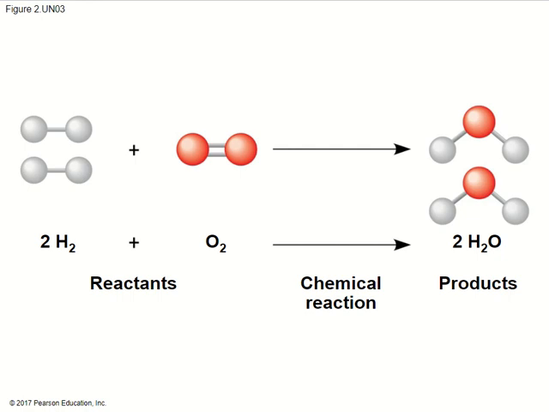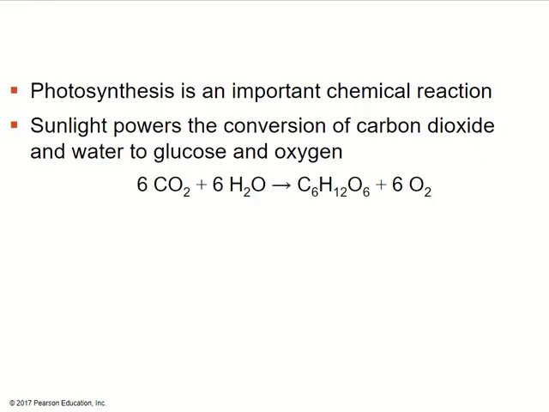That says how many of that particular molecule is needed for this chemical reaction to occur. So 2 molecules of molecular hydrogen react with 1 molecule of molecular oxygen to form 2 molecules of water. Those large numbers are called stoichiometric coefficients.